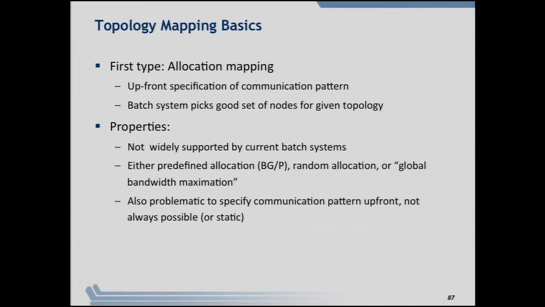So how would you do that? There are two ways of doing it. One way is, at the time of launching the application itself, if you could inform the job launcher or the MPI implementation that this is my communication pattern. Somehow you put that in a file or something and say, these are the processes that are communicating with each other.